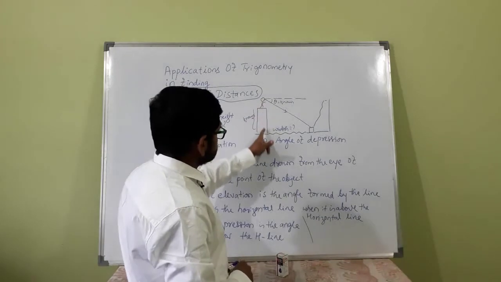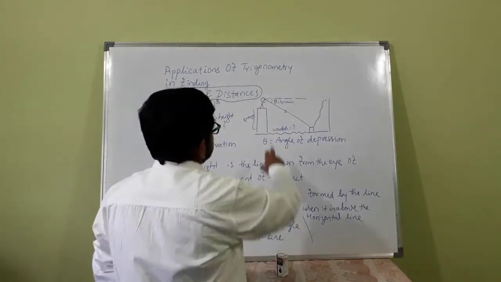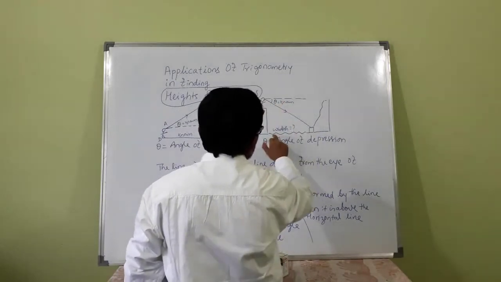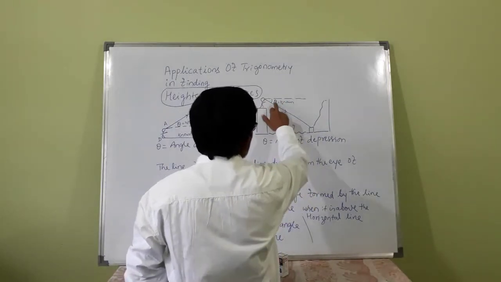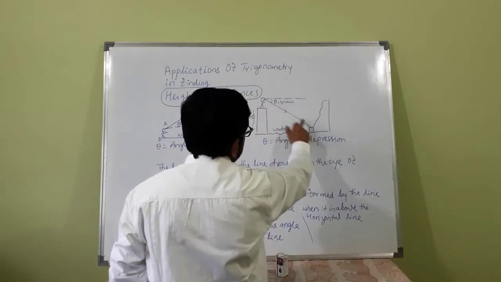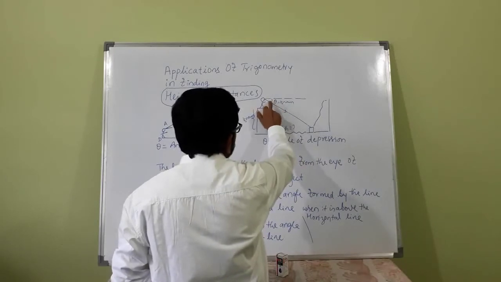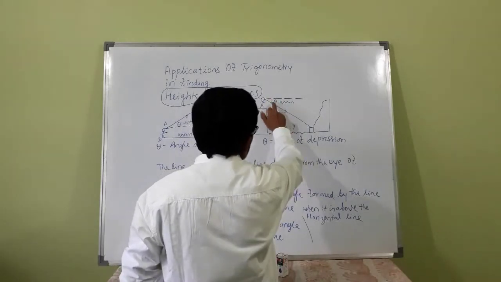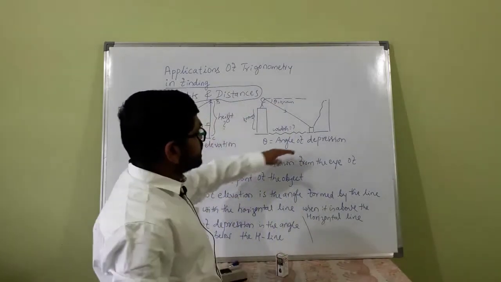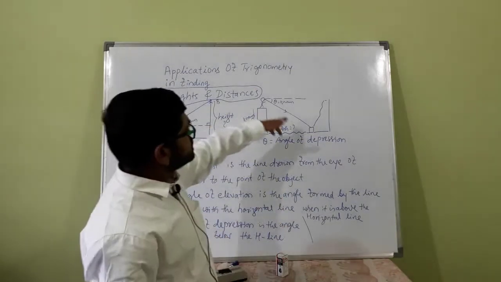Here he is perpendicular from the horizontal line, and suppose you draw a parallel line from his eye to this horizontal line. This is the line of sight. Then the angle made by this line parallel to the horizontal line and the line of sight is called the angle of depression. Here he has to lower his neck to see the object.